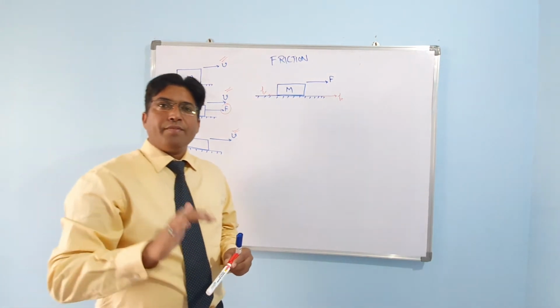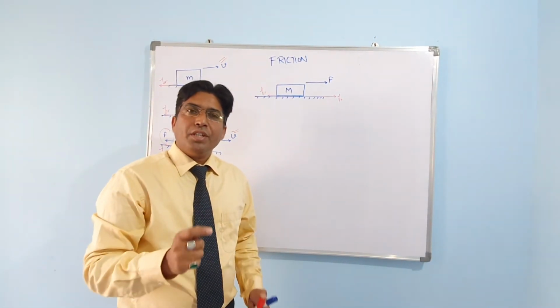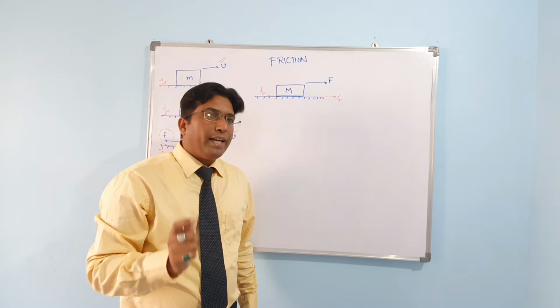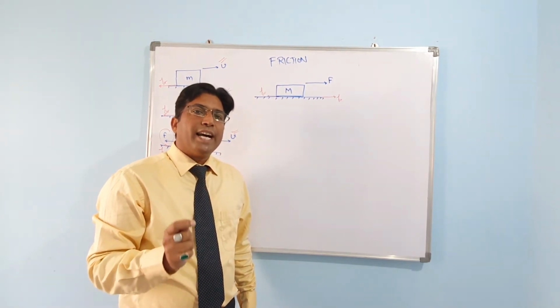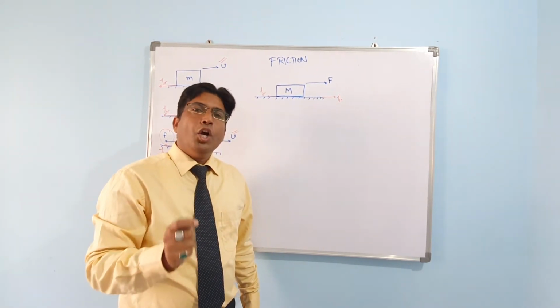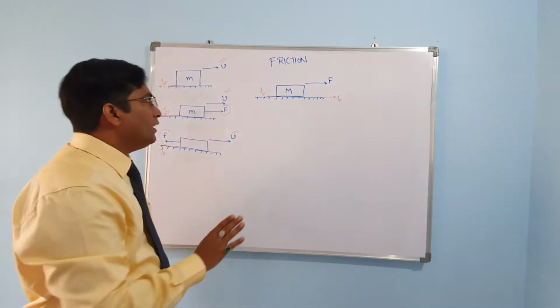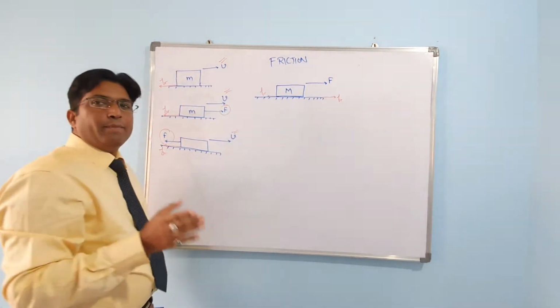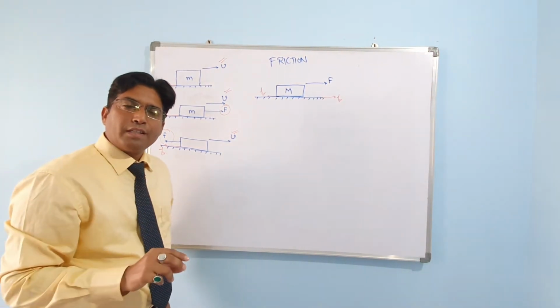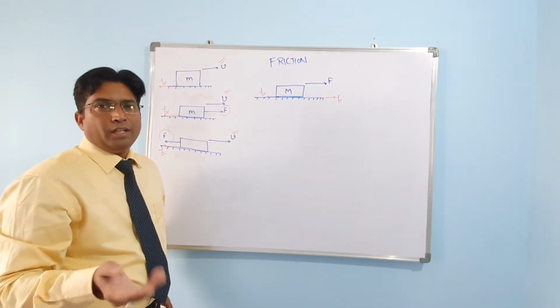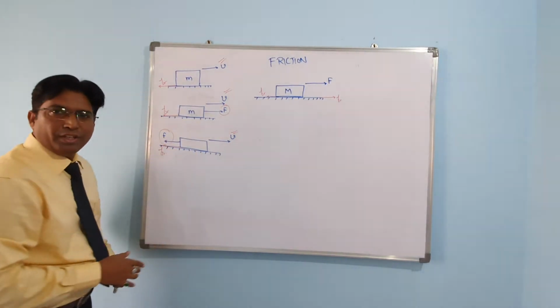So this is the first thing which we need to learn: friction is not always in the opposite direction to the applied force. It is opposite to the direction of slipping or sliding. And it will be static or kinetic depending upon whether there is actually a slipping taking place or not. So this is how it is.